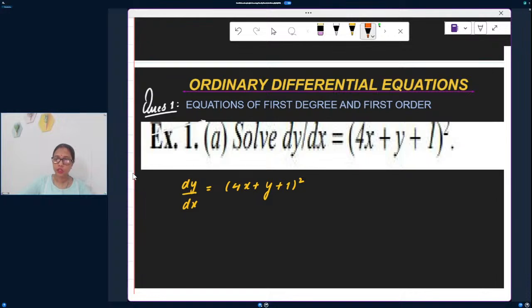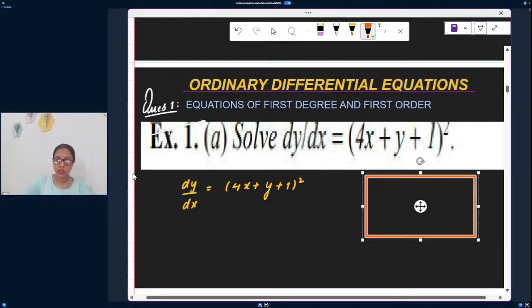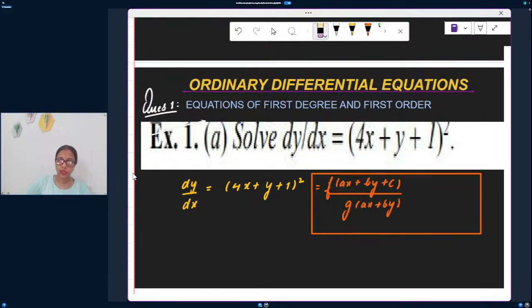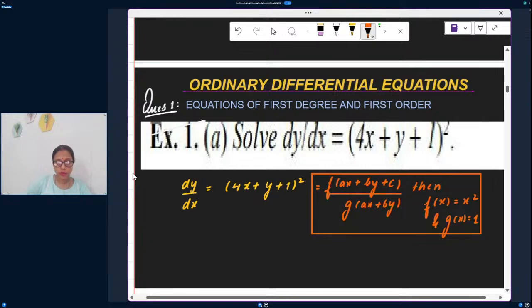So basically, if you compare it with f of ax plus by plus c divided by g of ax plus by, what is f of x and what is g of x here? f of x is x square and g of x is 1. I hope you can see that, because when we substitute this for ax plus by plus c in the function, then it is x square, and it is the same function in the denominator also. So there is no problem.